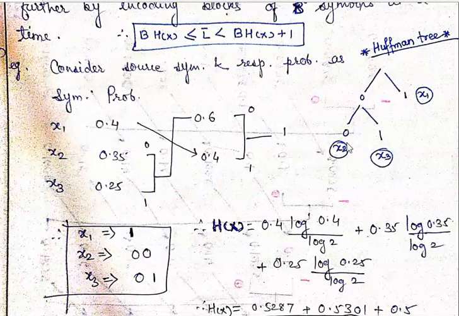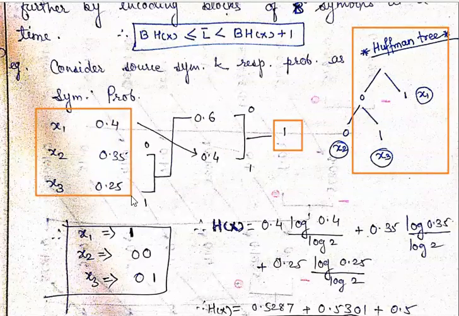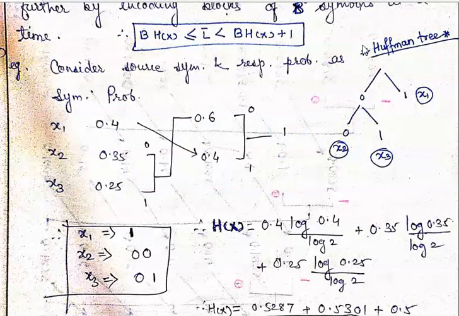Now, if you look at this adjacent figure, this is nothing but the Huffman tree. It indicates that this is the root element, and all these probabilities or messages will act as leaf nodes for this particular tree, which is called a Huffman tree. On the same line, you can have the Shannon-Fano code tree also.